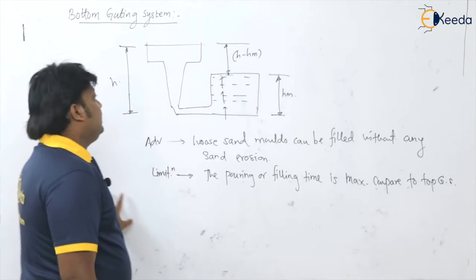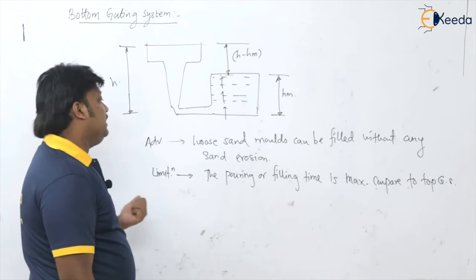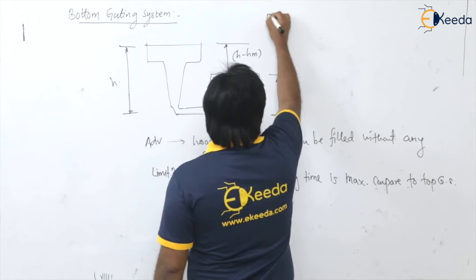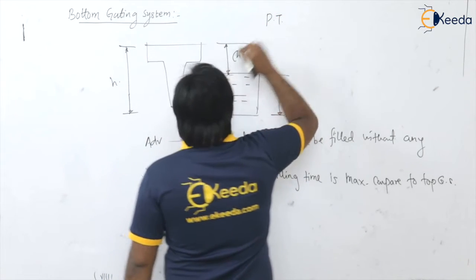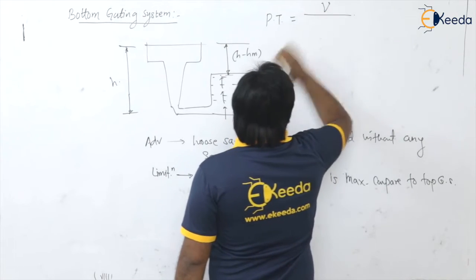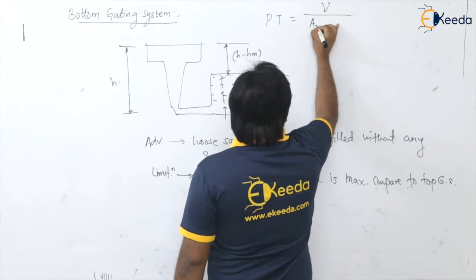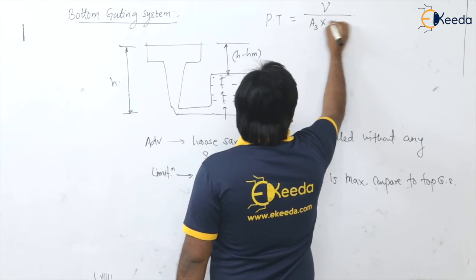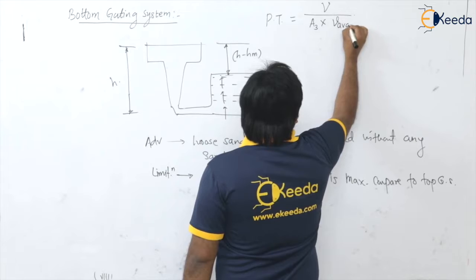Now in the bottom gating system, how to calculate the pouring time or filling time? So see, we can calculate the pouring time as the volume of casting divided by the area at the base of the sprue into V average.